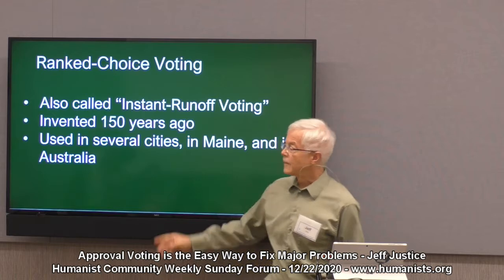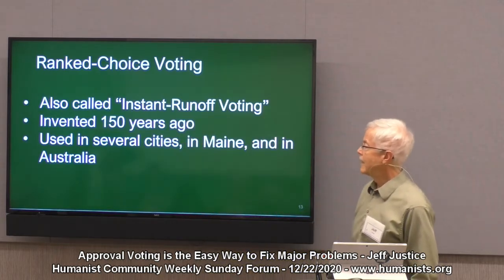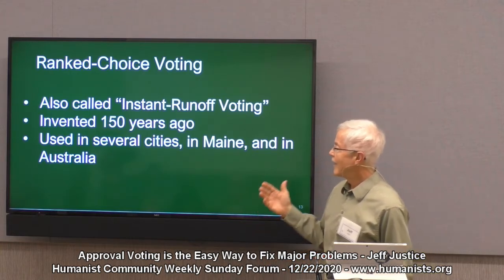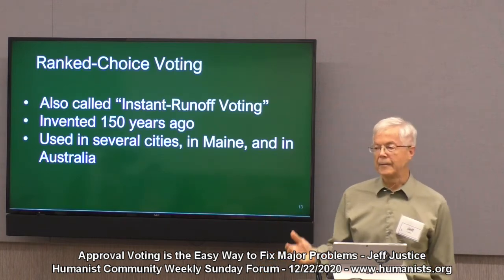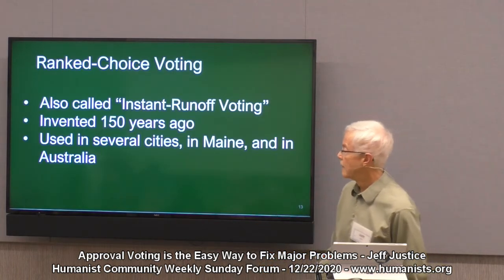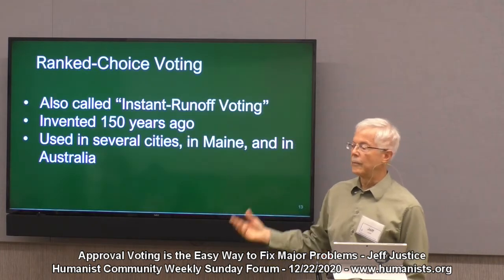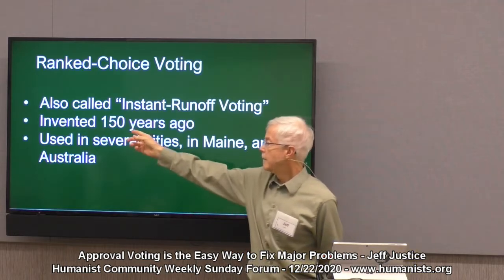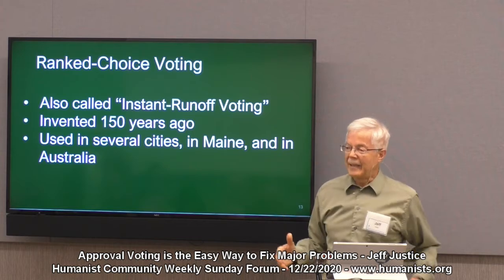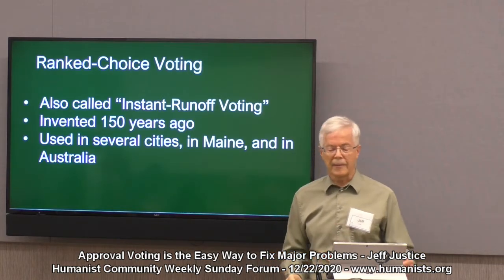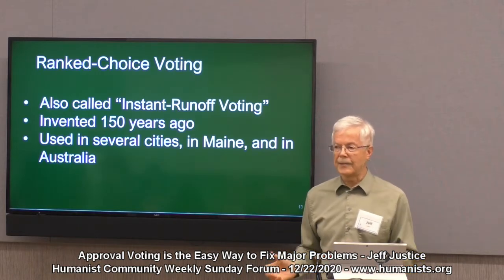So ranked choice voting has various ways of happening, but it's often called instant runoff, although many other ways will have instant runoffs too, like approval voting will do instant runoffs. So you're basically deciding how you would vote if there was a runoff ahead of time. It was invented about 150 years ago, and types of it are used in Australia and Ireland, although they have a lot of other things that are different.